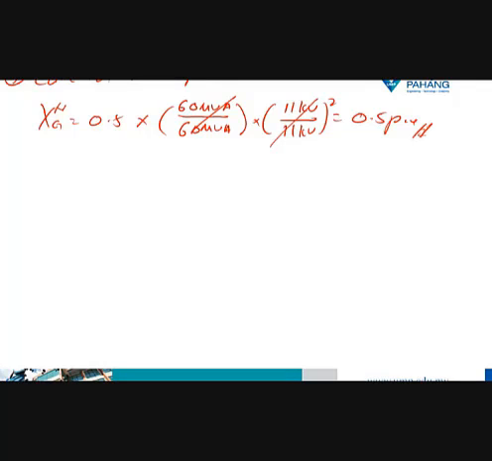Second, for the transformer, we use the same technique. We calculate XT1 new equal to XT1 old.